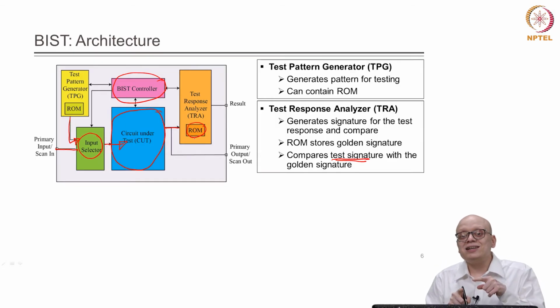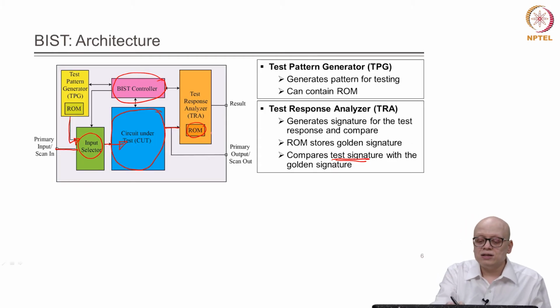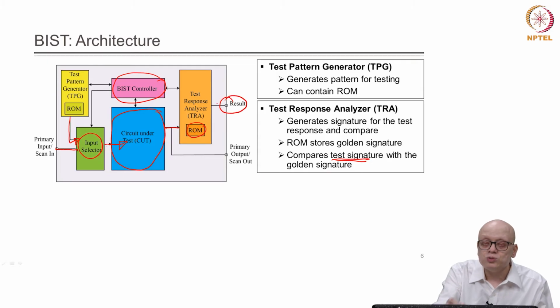Now, if the test signature and the golden signature match, we say that the CUT does not have a fault, and that result will be produced here.